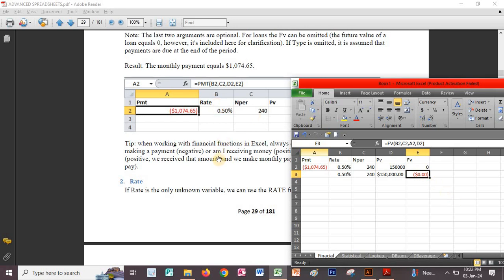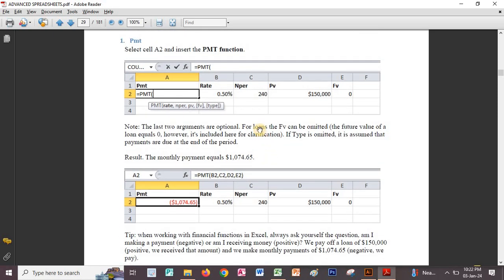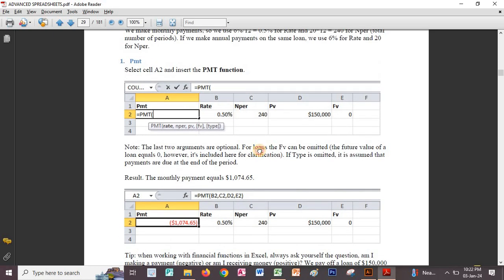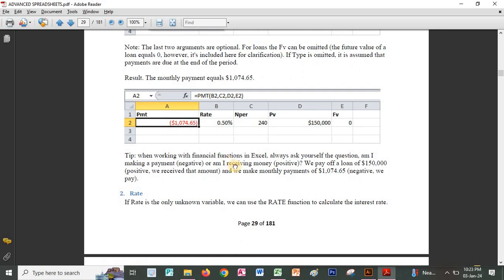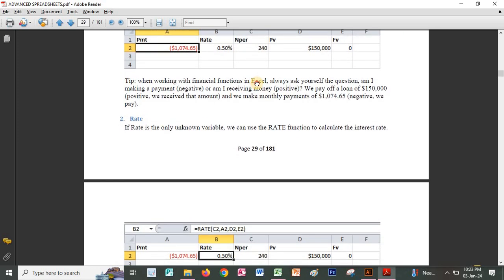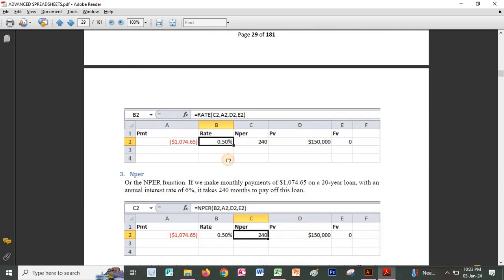So we have seen, given any of the values that are expected to make the calculation, it is possible to come up with any of them if you don't know one of them. So that is the calculation of the simple financial values.